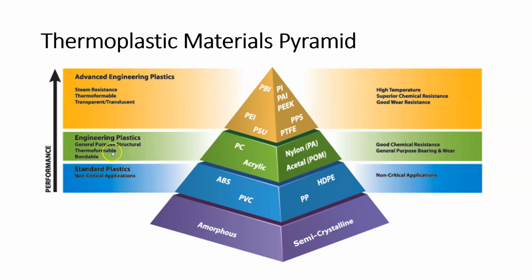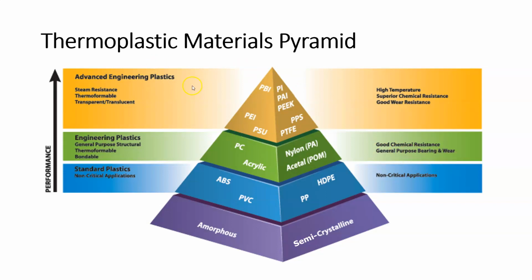They're going to be thermoformable. That means that they have good characteristics for melting and reforming. And they're also bondable, so we can glue them together. They're not going to degrade by the application of glue. So these include polycarbonate, acrylic, nylon, and acetyl. Right. Good chemical resistance, general purpose bearing, and wear.